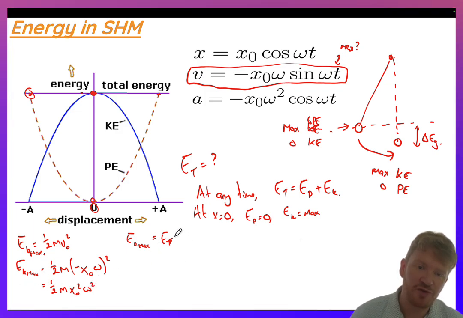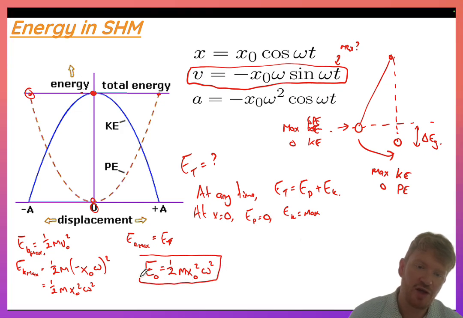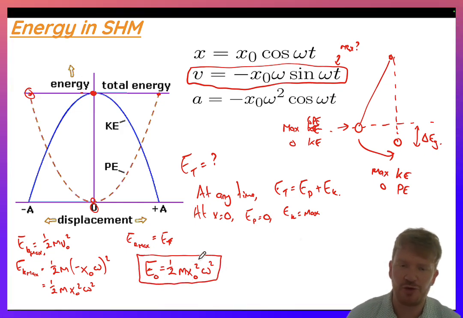Now, the maximum kinetic energy is equal to the total energy, because the total energy never changes. Therefore I get this equation: the energy, which I'm going to write as E0, because that's the total energy at all times of any object undergoing simple harmonic motion, is a half m x naught squared times omega squared. And this is a third key equation for you to learn.